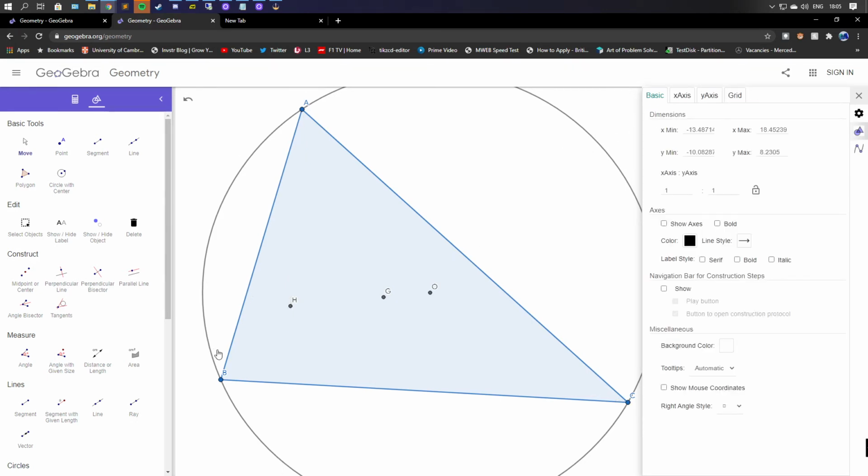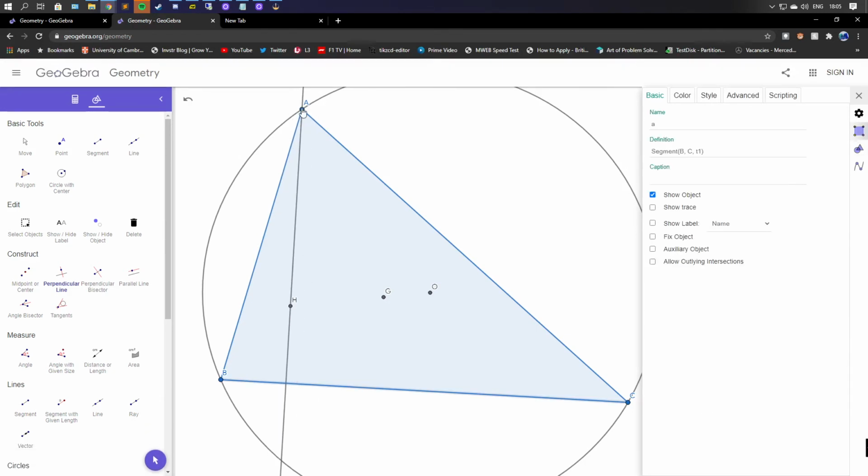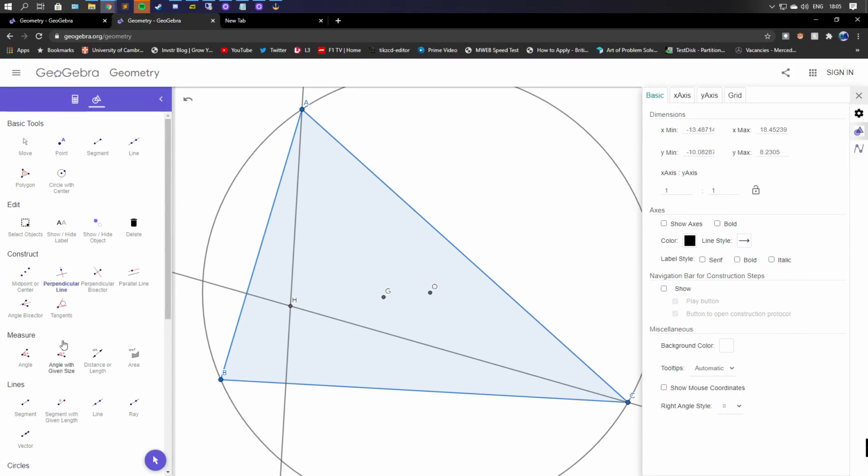The next point that lies on the Euler line of importance is the 9-point circle center. Now, if you recall previously what the definition of the 9-point circle is, we construct the perpendiculars to the sides, and we could construct the midpoints as well, but in this case we only need 3 points, so let's just construct the midpoint and then the feet of some perpendiculars, and then draw the lines.